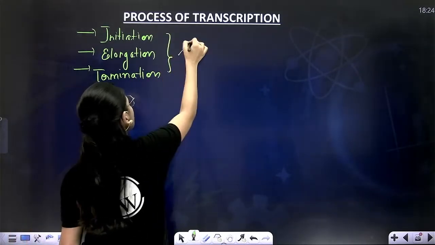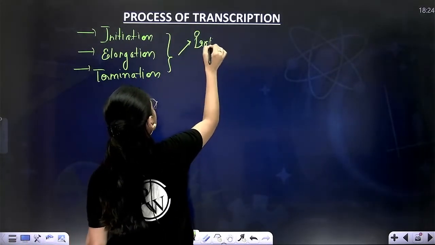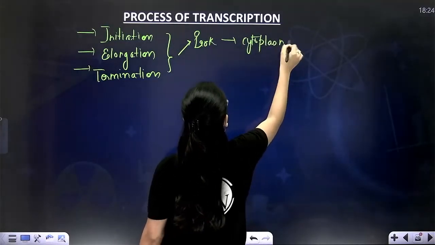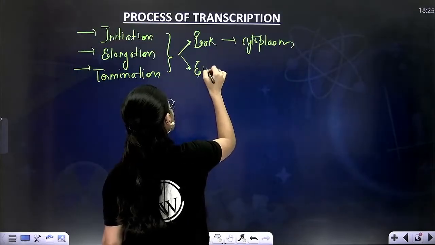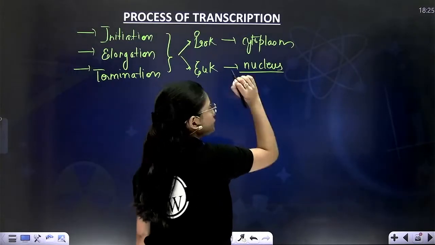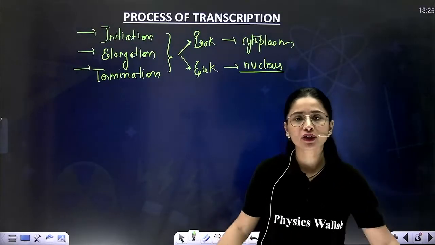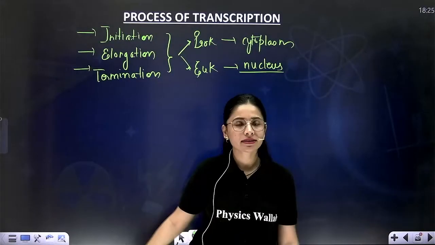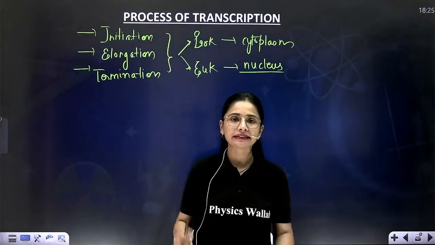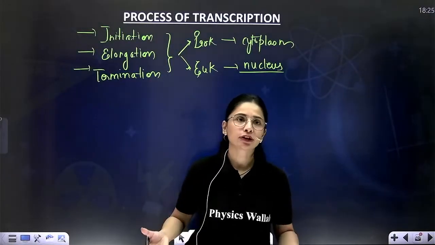Now, in case of prokaryotes, this process takes place in the cytoplasm. But in case of eukaryotes, this process takes place in the nucleus where replication took place. In prokaryotes, there is no nucleus, there are no other cell organelles. Every metabolic activity in prokaryotes takes place directly in the cytoplasm.